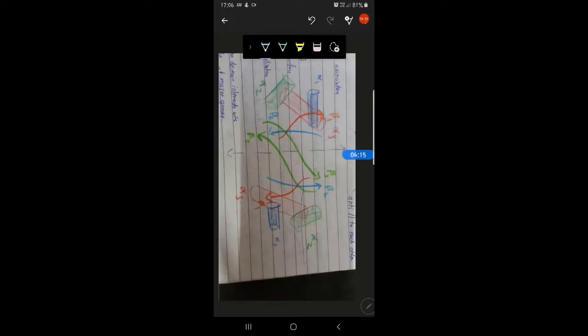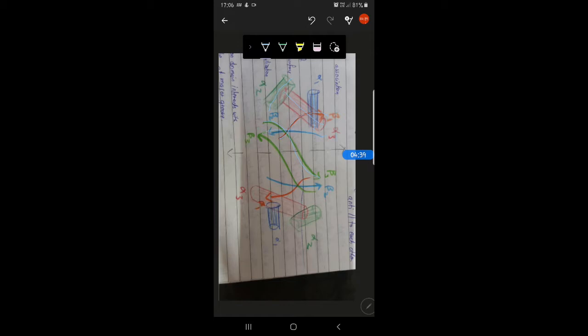So it looks like this: you can see there is one alpha chain here, one alpha chain here, one alpha chain here, and one beta chain here, one beta chain here, and one beta chain here.